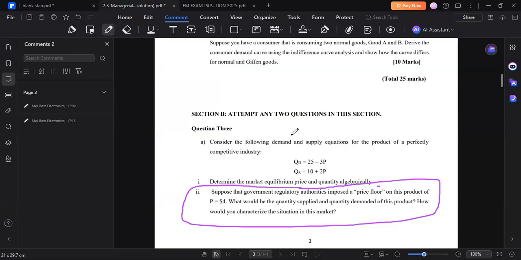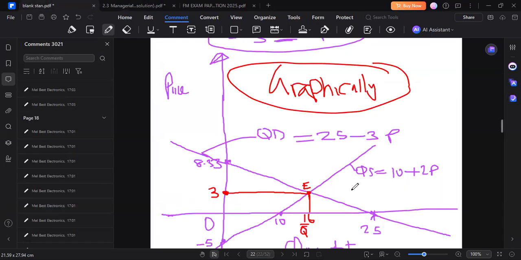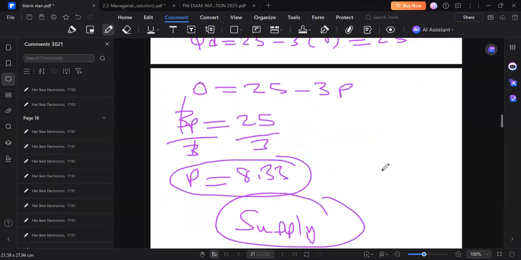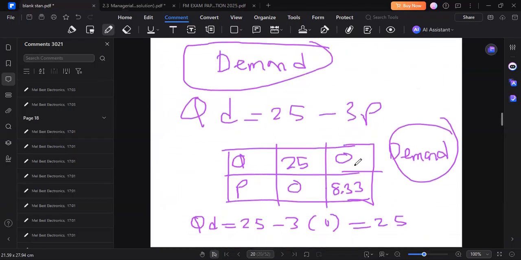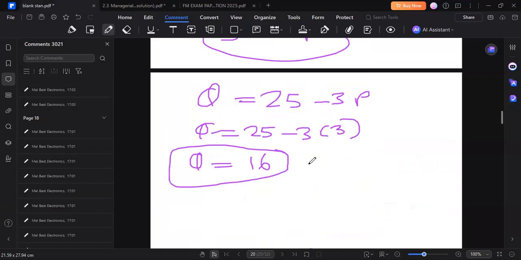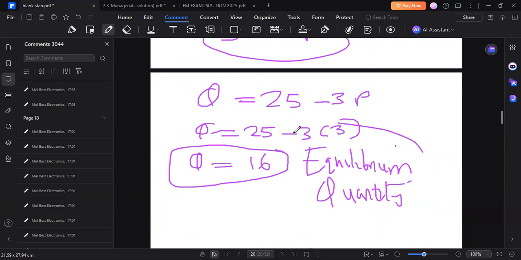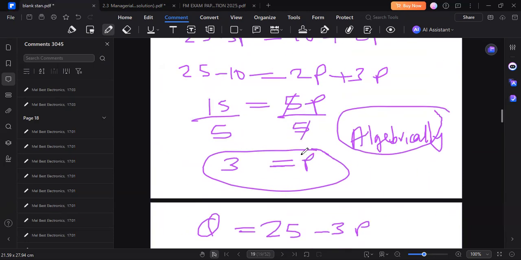You just substitute 4 in each of the equations. From here we found the equilibrium quantity, and this was the equilibrium price.